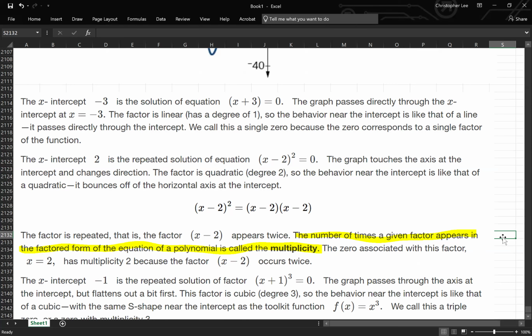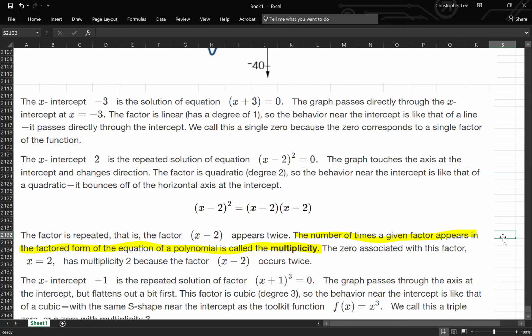The x-intercept 2 is a repeated solution. It's x minus 2 squared equals 0. The graph touches the axis at the intercept and changes direction, much like x squared would do. The factor is quadratic, degree 2, so the behavior near the intercept is like that of a quadratic. It bounces off the horizontal axis at the intercept.